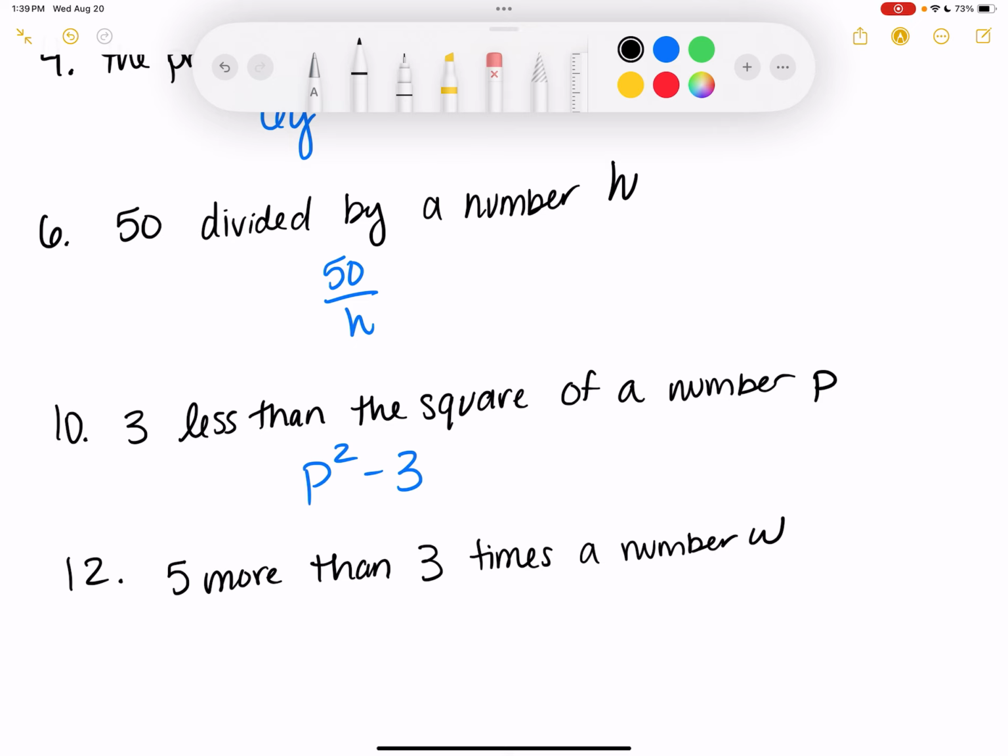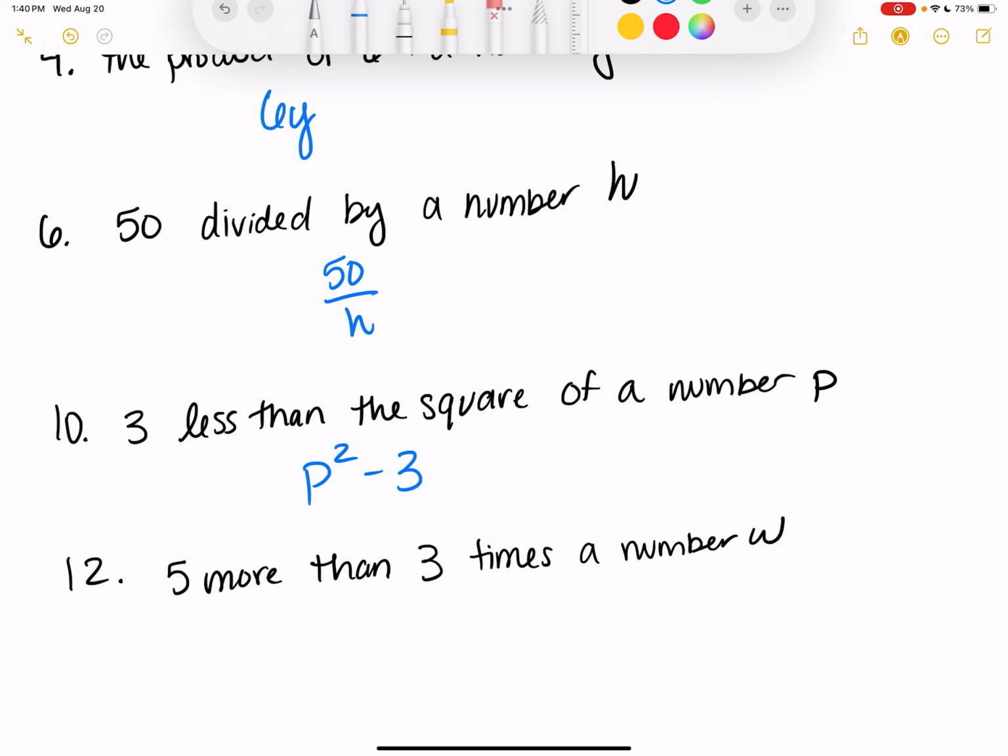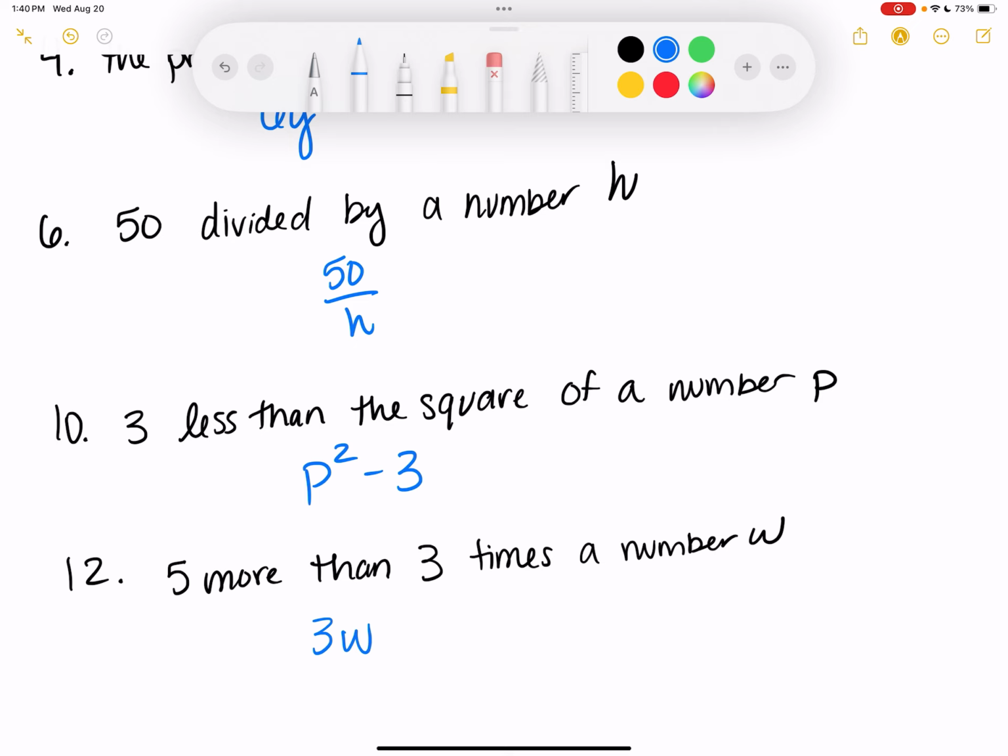Yep, multiplication and addition. So 3 times the number w, that would be our multiplication. And then 5 more than that, we add 5. And if you write 5 plus 3w, that's also fine. It does not matter the order. Usually we put numbers that have variables in front and numbers that don't have variables at the end, but that's up to you how you want to do it.